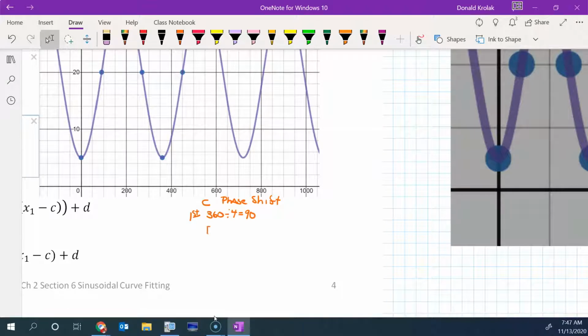Then the next interval is going to be from 90 to 180. Then it's going to go from 180 to 270. And 270 to 360. That's one period.